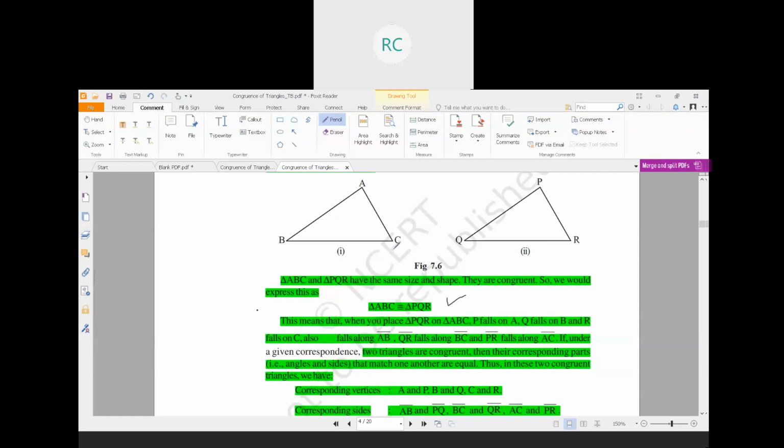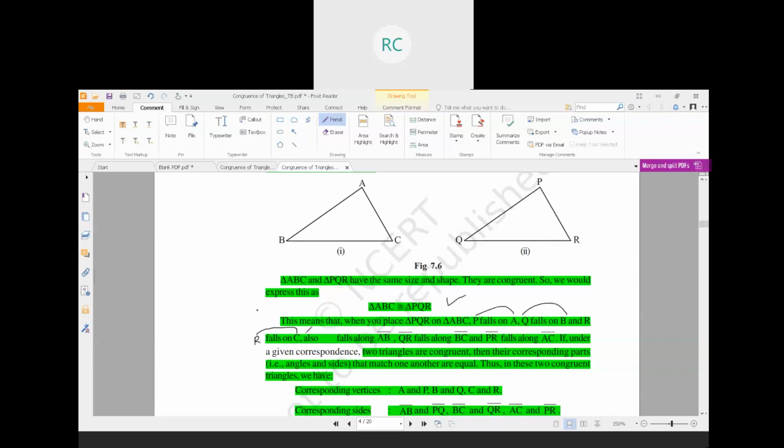It will come in place of C. And they will superpose on each other exactly. So when you place PQR on ABC, P falls on A, Q falls on B, and R falls on C.